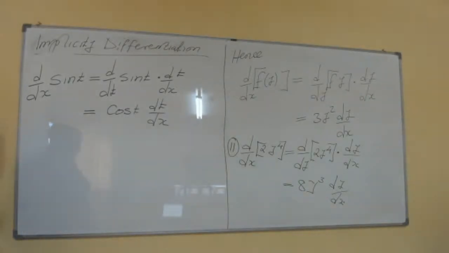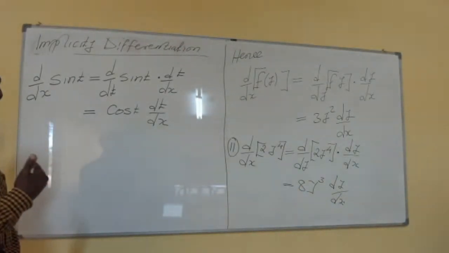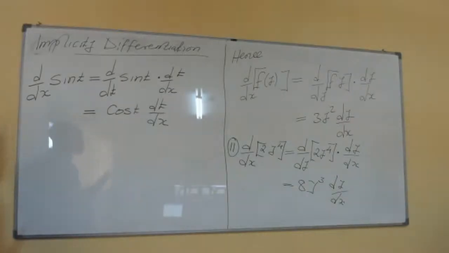So let's now look at other differentiation concepts. In the first examples, we were just looking at derivatives that do not involve either the product rule or the quotient rule.